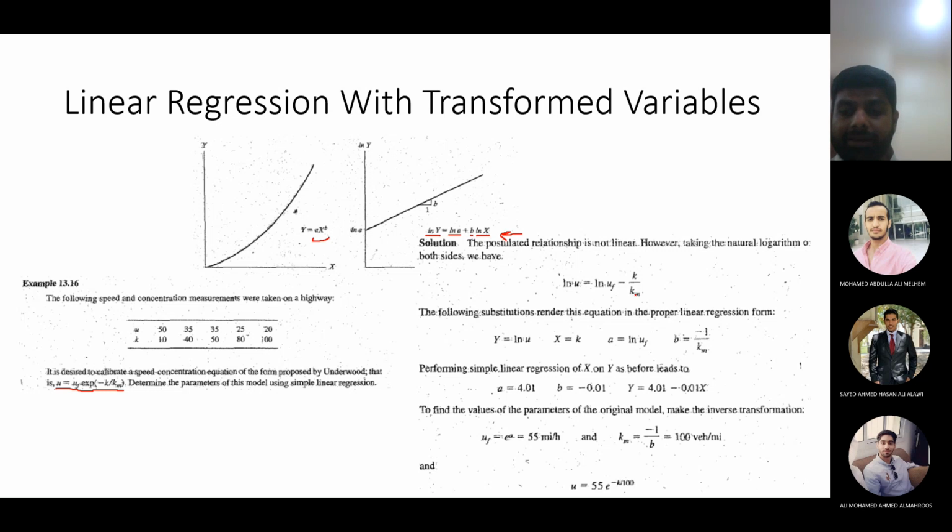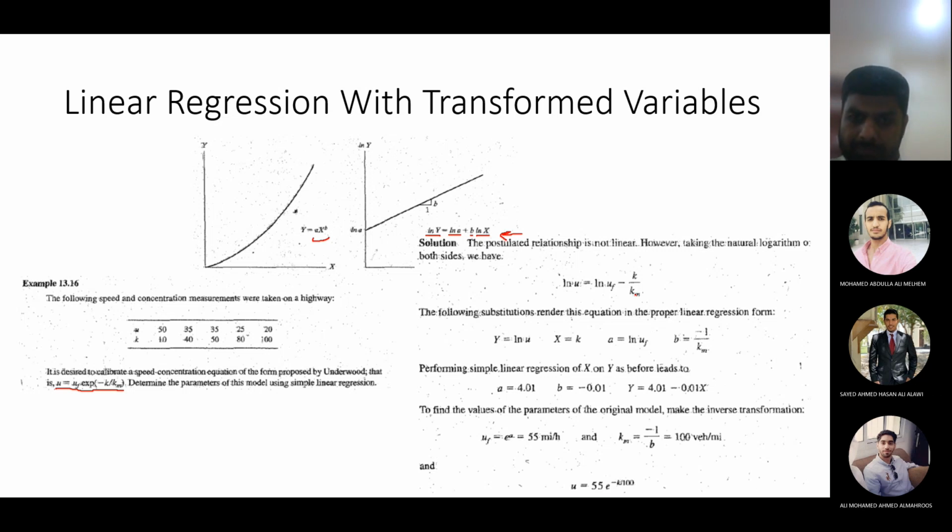But keep in mind your y is not u, it is log of u, and your x is k. There is no problem. So you can calculate the values of a and b like we did in the previous example. Now they have calculated the value of a as 4.